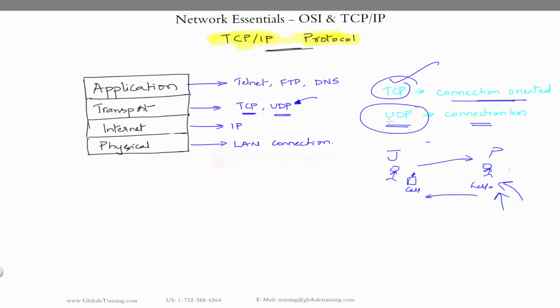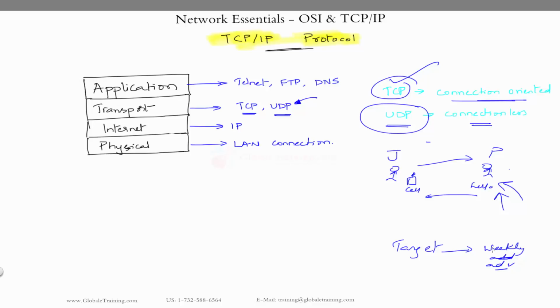UDP is like a flyer, meaning let's say Target is sending a weekly ad through mail. They don't care whether you're living at that address or not, or who lives at that address for that matter.